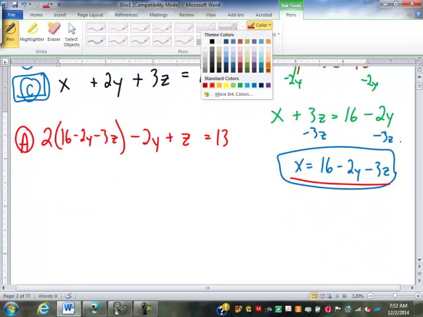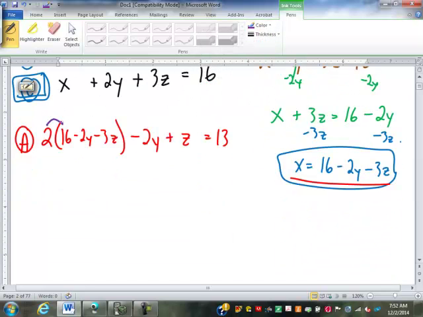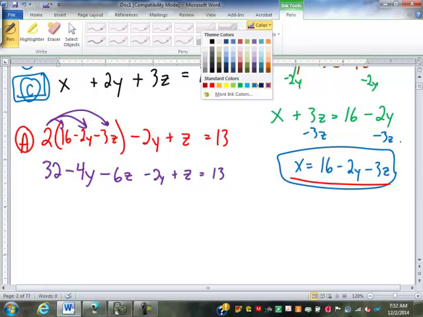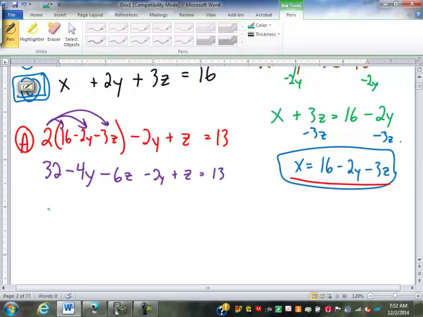So let's do it. 2 times 16 is 32. 2 times negative 2y, negative 4y. 2 times negative 3z, negative 6z, minus 2y plus z equals 13. Well, we're combining negative 4y with negative 2y makes negative 6y.